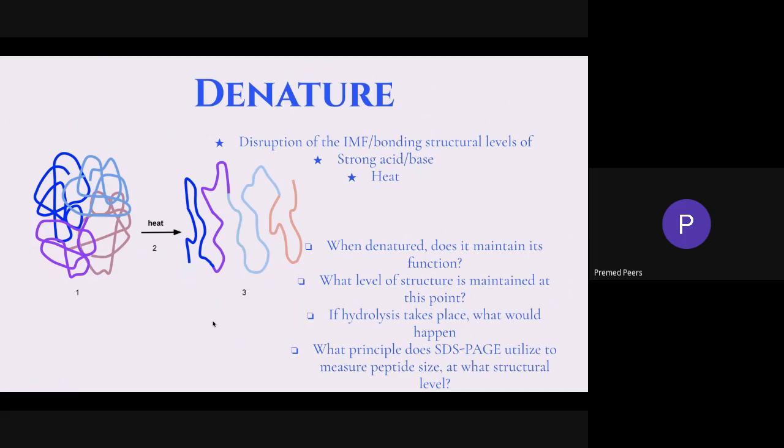So in terms of some of these questions that we would think about, when it is denatured, does it still maintain a function? I think that sometimes we get confused that maybe they still have some sort of ability to bind because they still have those side chains. But to think about that, let's say this one is the hemoglobin itself.